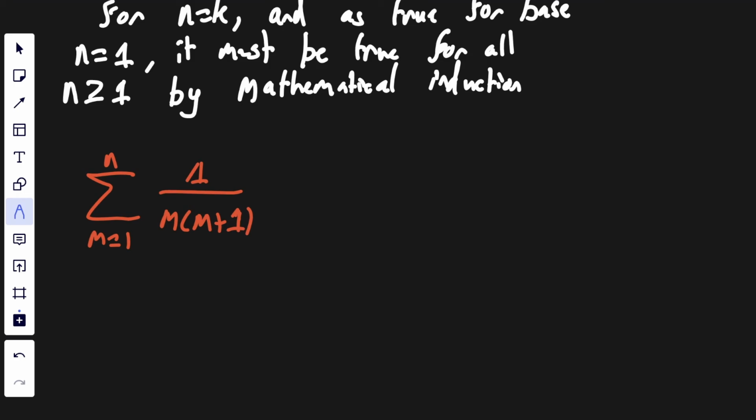Because what you're going to be able to do is something called telescoping, which is what we're going to see. So we're going to apply partial fractions. So this is the sum from m equals 1 to n. By partial fractions, this is 1 over m minus 1 over m plus 1.